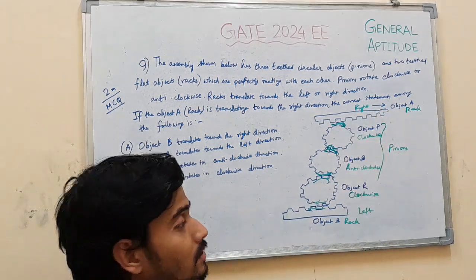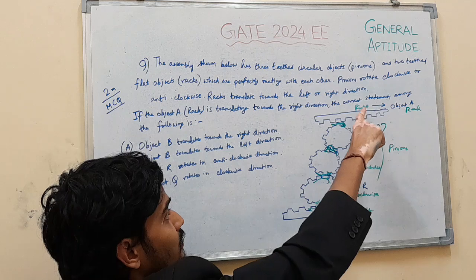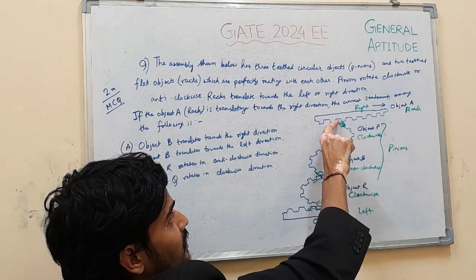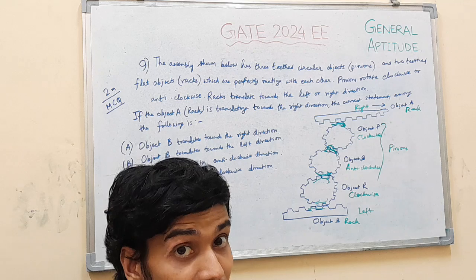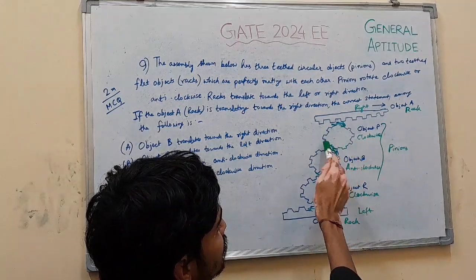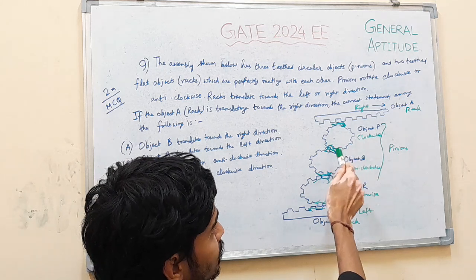Let me summarize and explain it in sequential order. Object A will move towards right. These are meeting, so this will make it move in this direction, that is clockwise. Again, these are meeting, so the entire object P pinion is rotating clockwise.